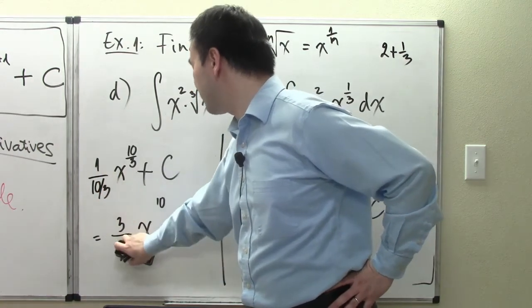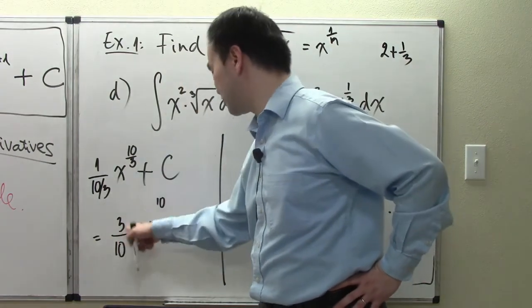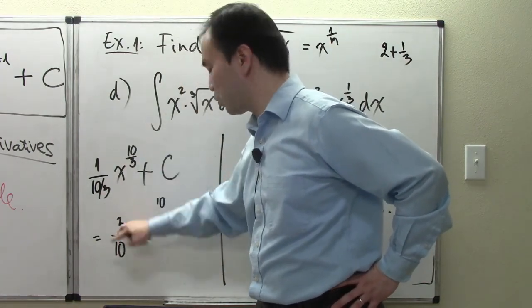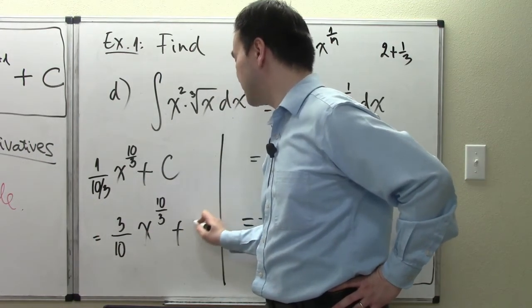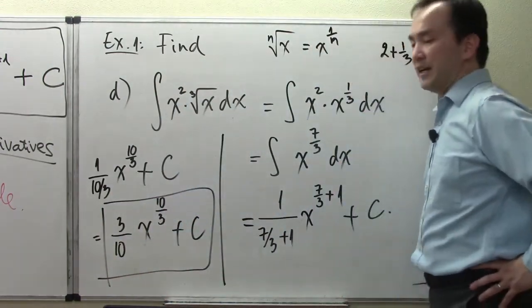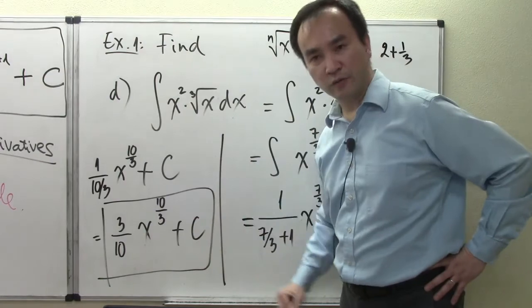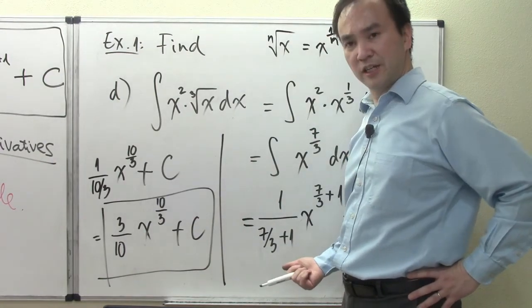So now it should be 3 over 10 there, and that's the coefficient, algebraically flipped upside down, and then this is 10/3 plus c. We are now done with our final antiderivative, and that's the one that nobody can reject. Okay, and so that's pretty good for this one, right?